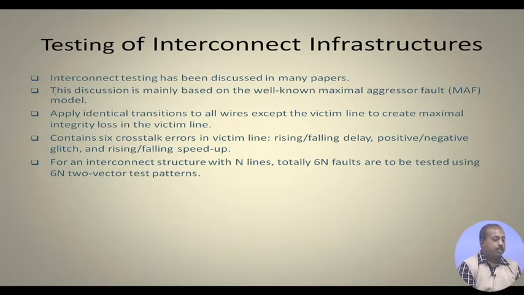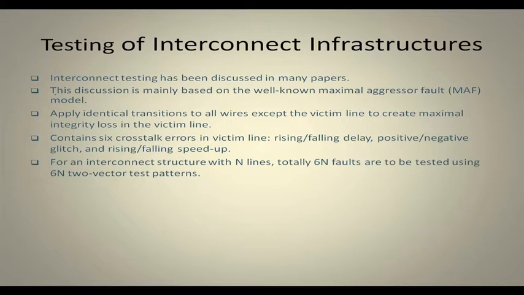Each of these tests requires two-vector test patterns, because first you have to put all the lines at some particular voltage level, then apply a transition or change it. Naturally, change the aggressors and then see the victim point. That way it is going to take time. So, a total of 6n 2-vector test patterns are to be applied for interconnects.